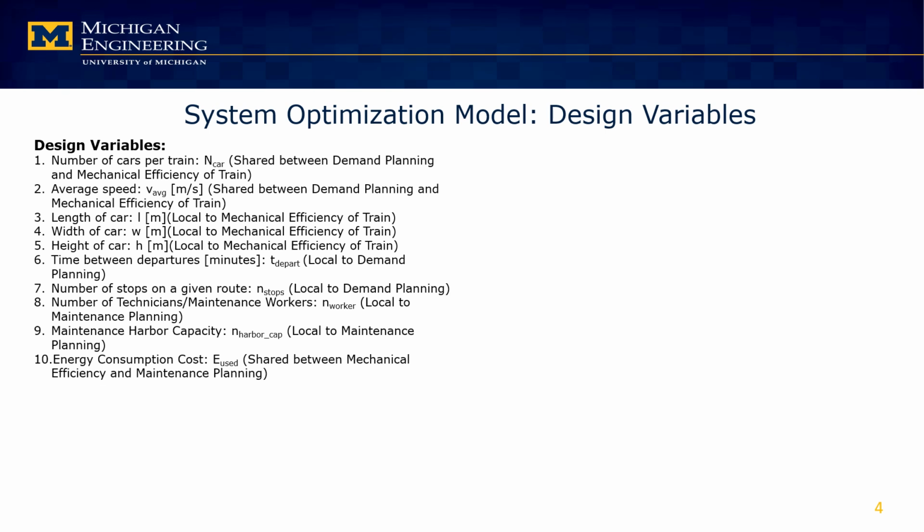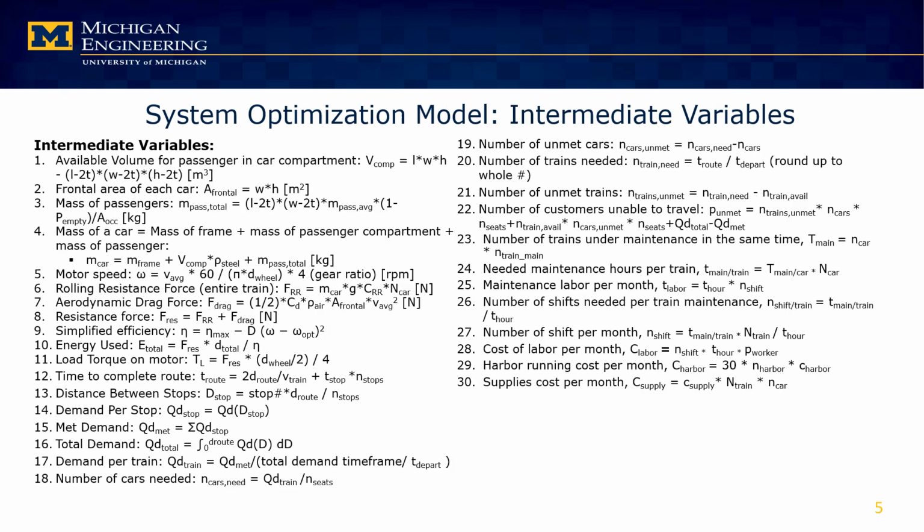Length, width and height, which define the car physical characteristics, are specific to mechanical efficiency. Time between departures and number of stops in a given route are calculated within the scope of demand planning. Variables such as number of maintenance workers and harbor capacity are defined within maintenance planning.